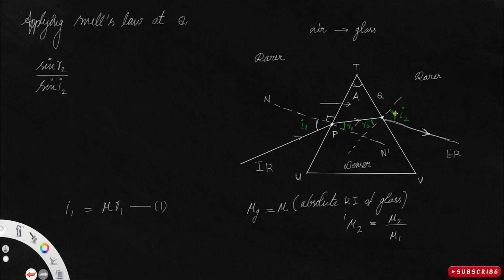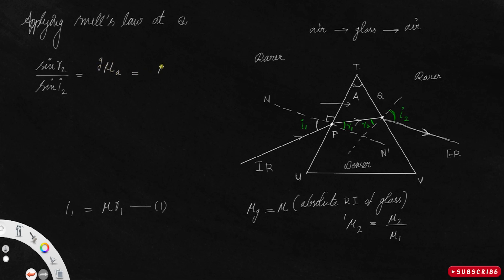This time it is moving from glass to air, from denser to rarer, so I have to first consider the second medium. Here it is air, so refractive index of air with respect to glass.